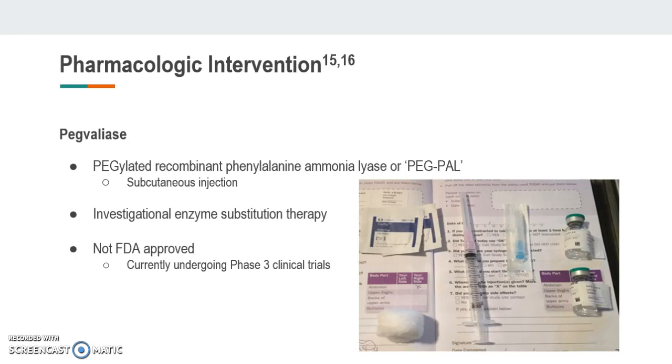It's a subcutaneous injection, and this drug is currently not FDA approved, but is undergoing phase 3 clinical trials, which means that they are trying to demonstrate that this new drug is more effective and or safer than the current standard treatment. Once the clinical trials are completed, they can submit a new drug application to the FDA for approval.